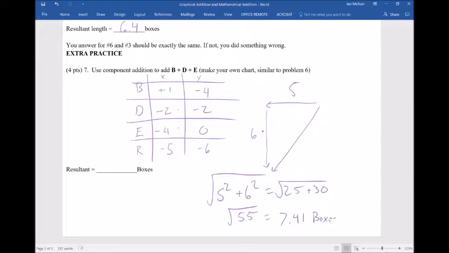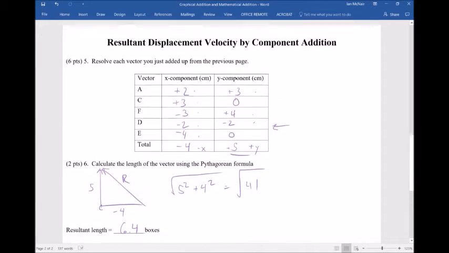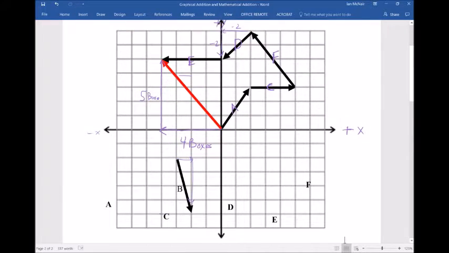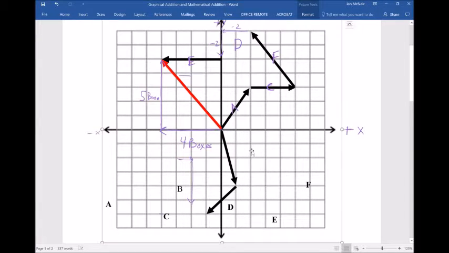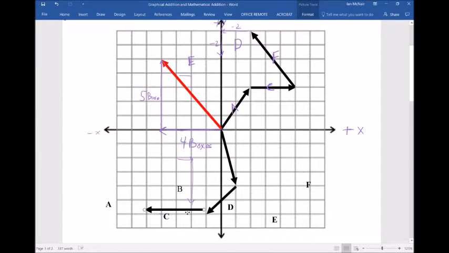And why don't we check that really quick? Let's make sure it actually looks like that. So let's take B, D, and E and do them here. So I'll take B, put it here. I get D. It should have been just like that. My B is a little bit off. It should be like that. And then we get our E, which is right here.